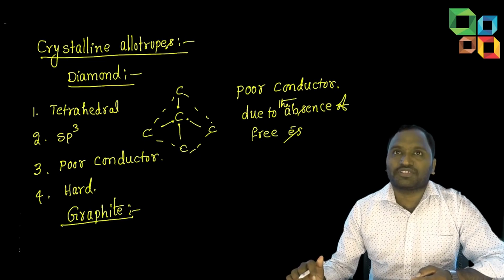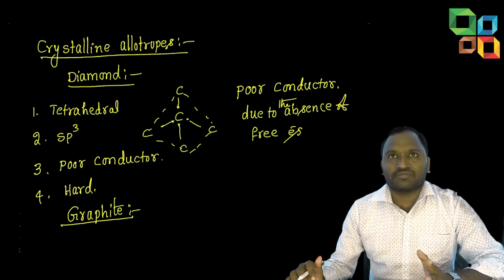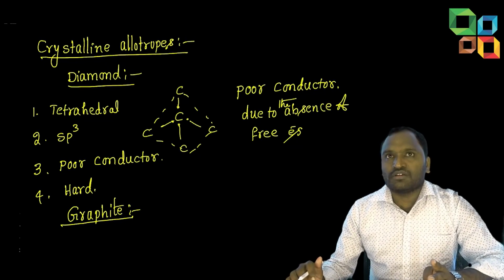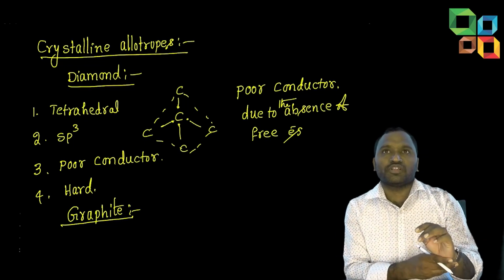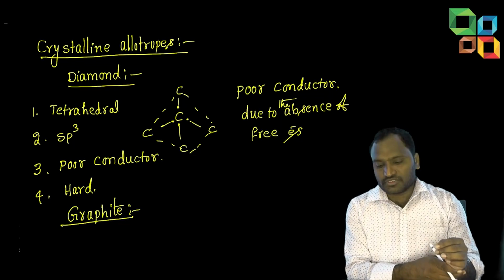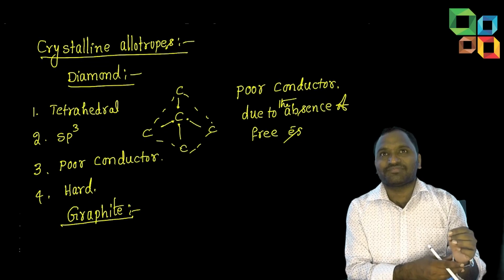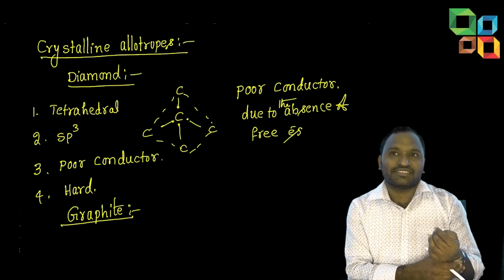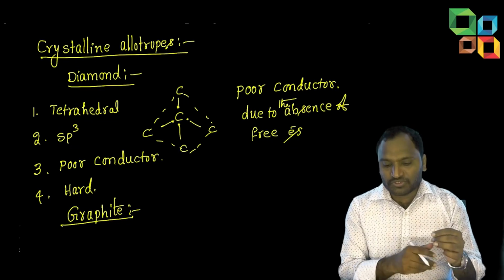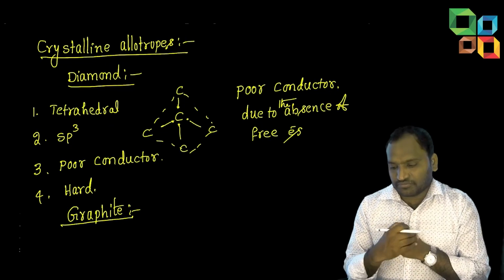All the hybridization I have to cover. You just keep it. If I get time, I will explain. Actually, it comes in chemical bonding. I thought in 8th standard chemical bonding was there in foundation, so I thought it was finished. Yeah, that time you told sp3, but I thought that was a compound, sulfur and phosphorus. No, that is hybridized. Just for timing, you just write. Later, if I get time, I will explain.